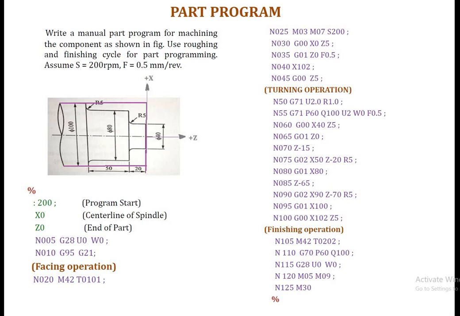In diametric programming mode, for every 1 mm programmed movement of the tool, the actual movement of the tool is 0.5 mm radially. The programmed movement of the tool here is 102 mm.